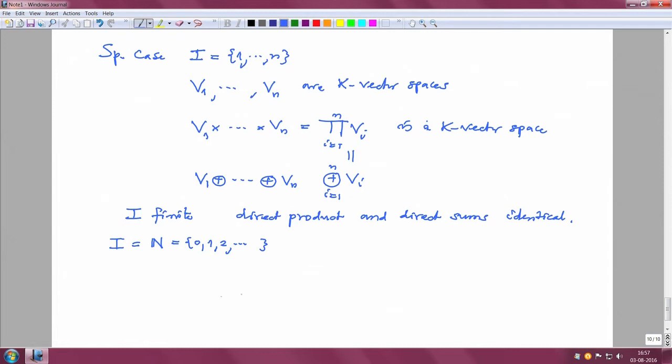Let us take a case where all our vector spaces V_i, for any i in N, are the real numbers, and let us take the field also to be the real numbers. So each V_i is an R-vector space and we have countably many, numbered V_0, V_1 and so on, V_n and so on, and each one of them is R.